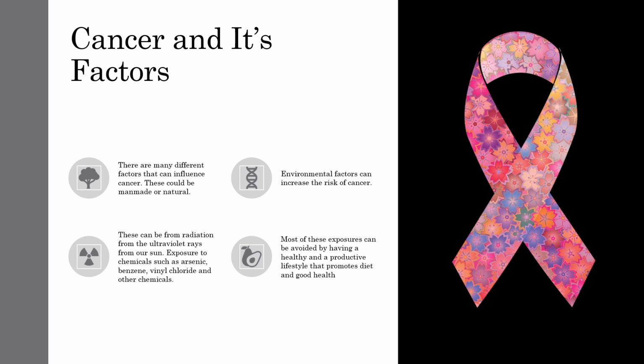Most exposures can be avoided by having clean and healthy lifestyles that promote diet and well-being of you and others. Environmental factors can increase the risks of cancer, which will be touched on more later.